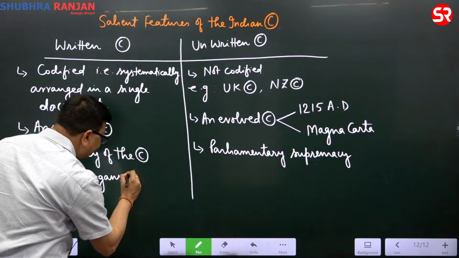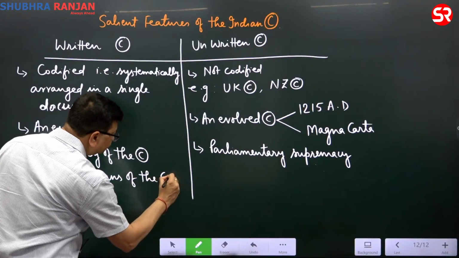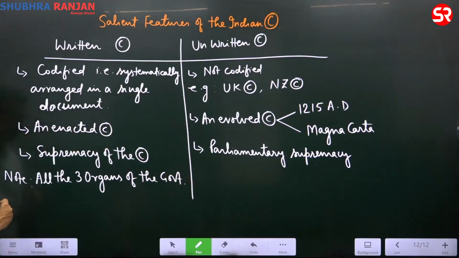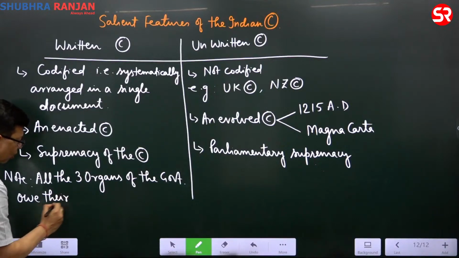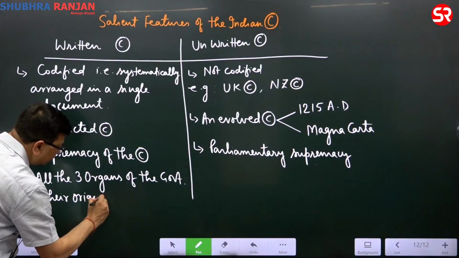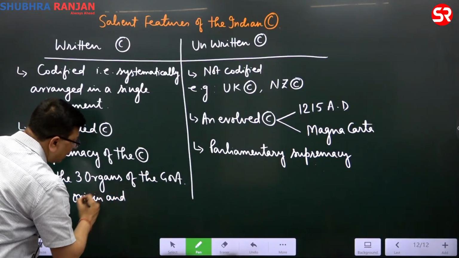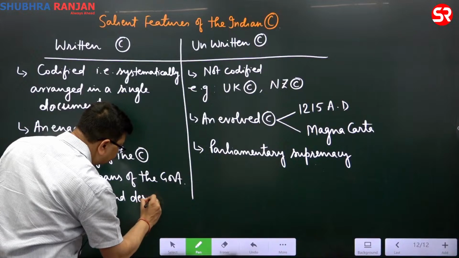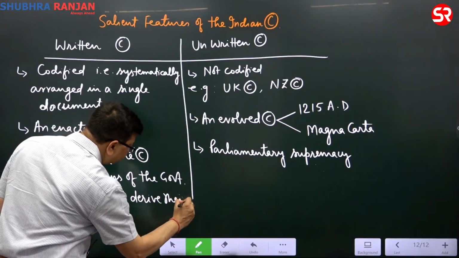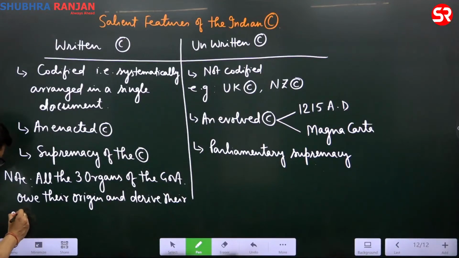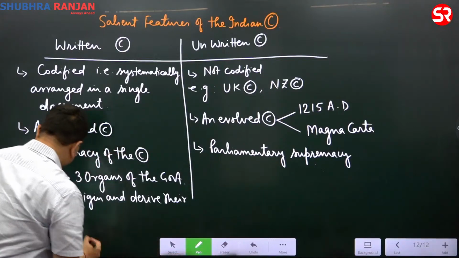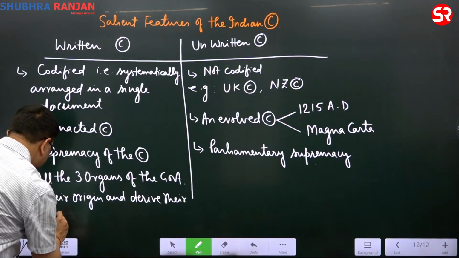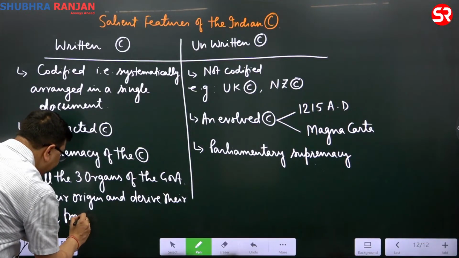All the three organs of the government owe their origin and derive their authorities from the constitution.